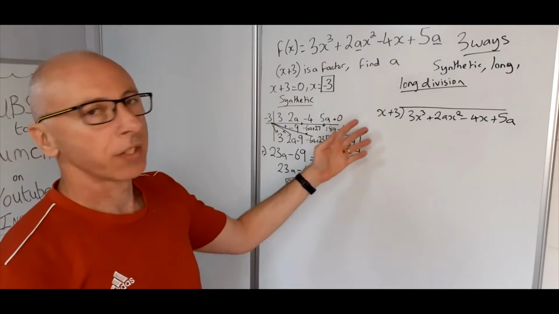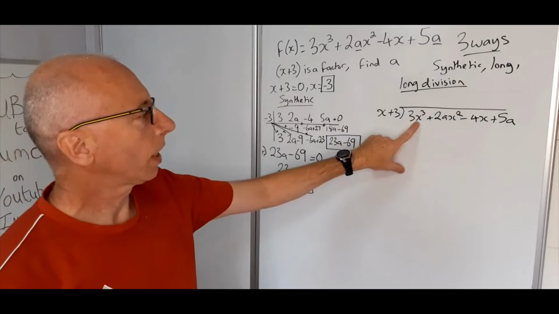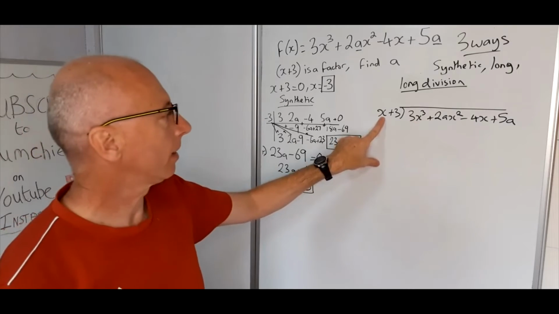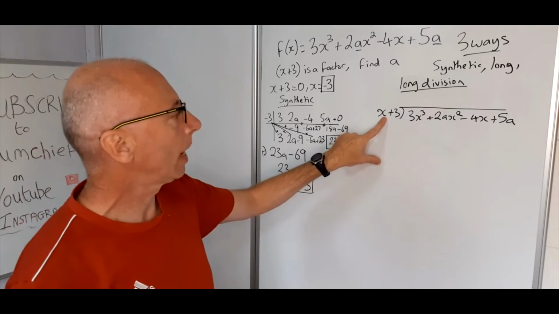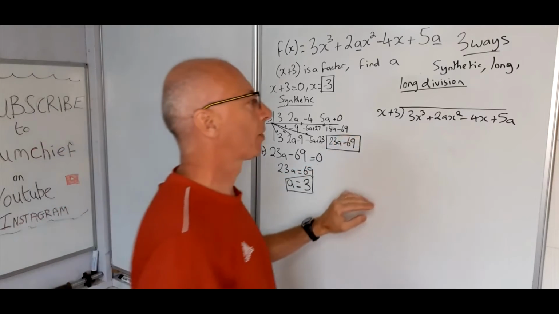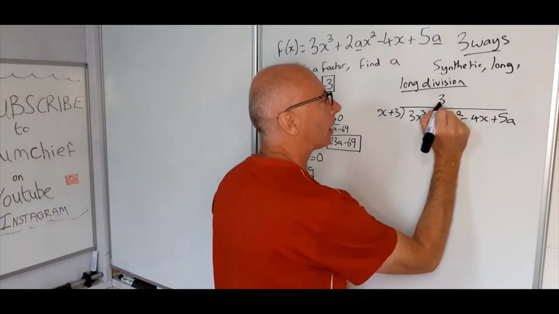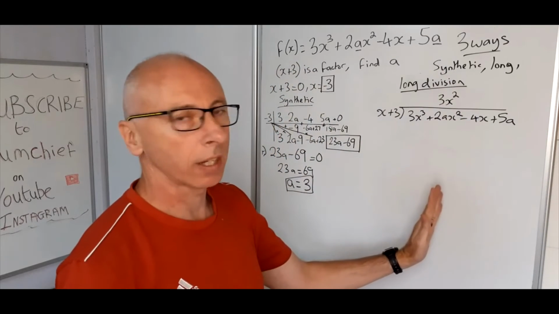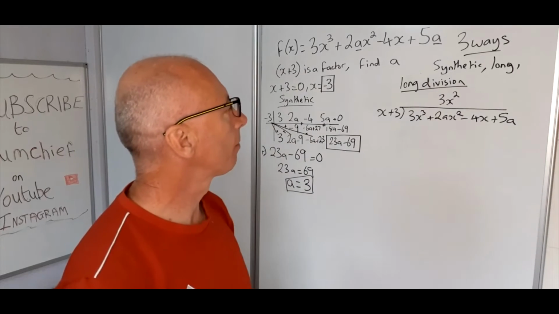Okay, so the technique with this is, we take this first term, 3x cubed, we only divide it by the x. So 3x cubed divided by x will give us 3x squared. And the key is to write that in the line of all the x squared coefficients. So 3x squared.